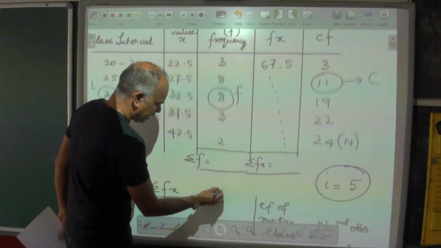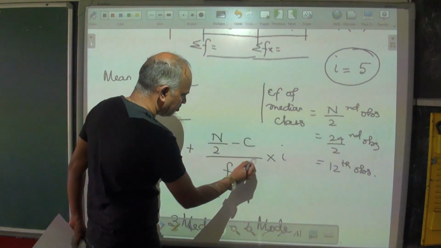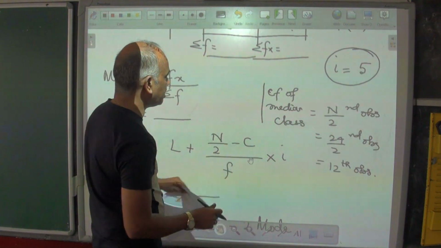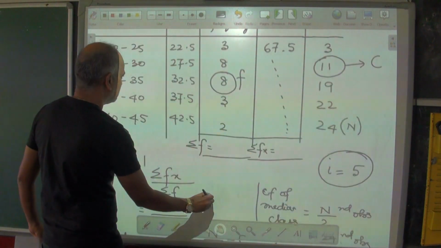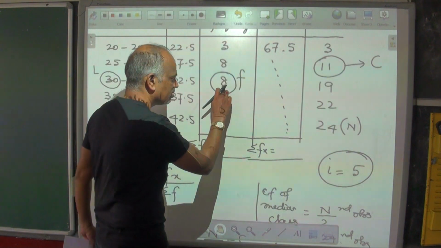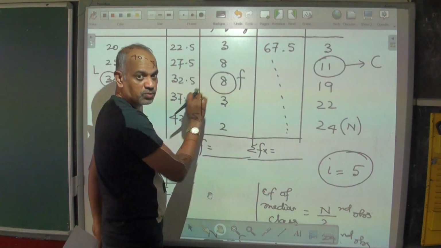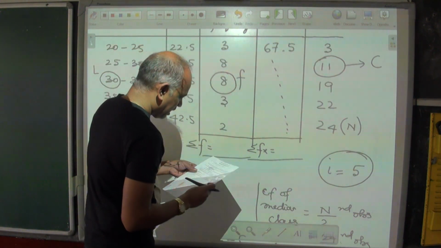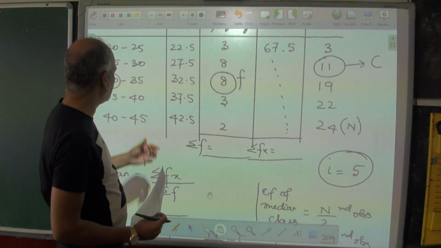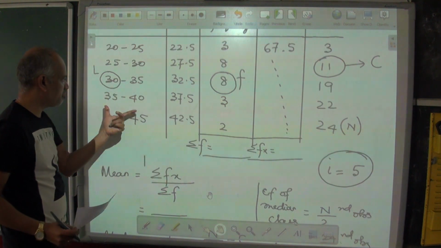Then divided by F. F is the frequency of the median class. Again, this is the median class. Frequency of this median class, that's F. 8 is the F value. Into I is also there in the formula. I is the class width, which is the same everywhere.